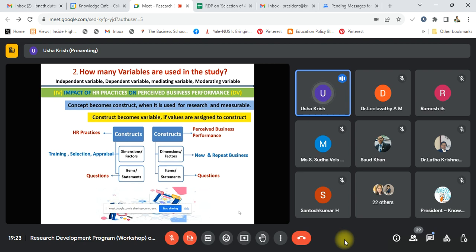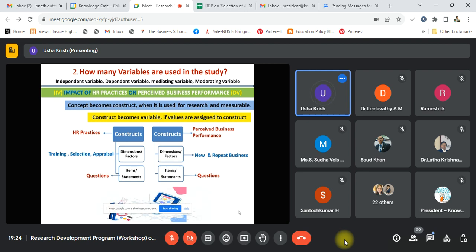For example, if my research topic is impact of HRP on business performance, then HRP, that is human resource practice, and business performance, should be considered as constructs. As these constructs are measurable, they can be coined as variables.